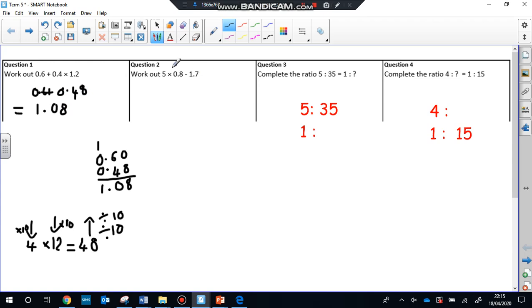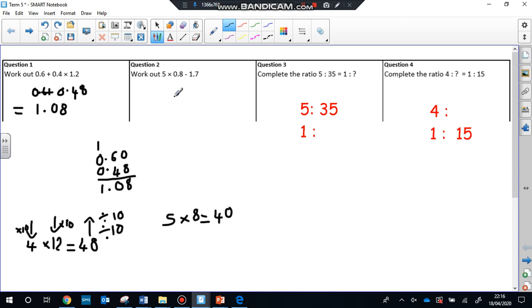Okay, similar idea with this one. So we've got BIDMAS here. It says we've got to do the multiplication first, then the subtraction. So I've got 5 times 0.8. So again, I'm going to actually do 5 times 8 to start with, which is 40. Now I didn't need to change the first number at all.